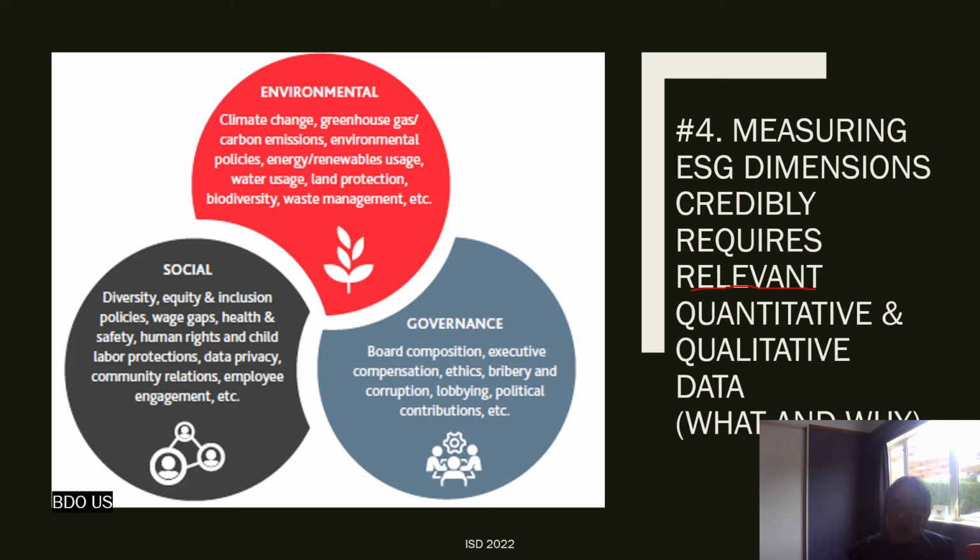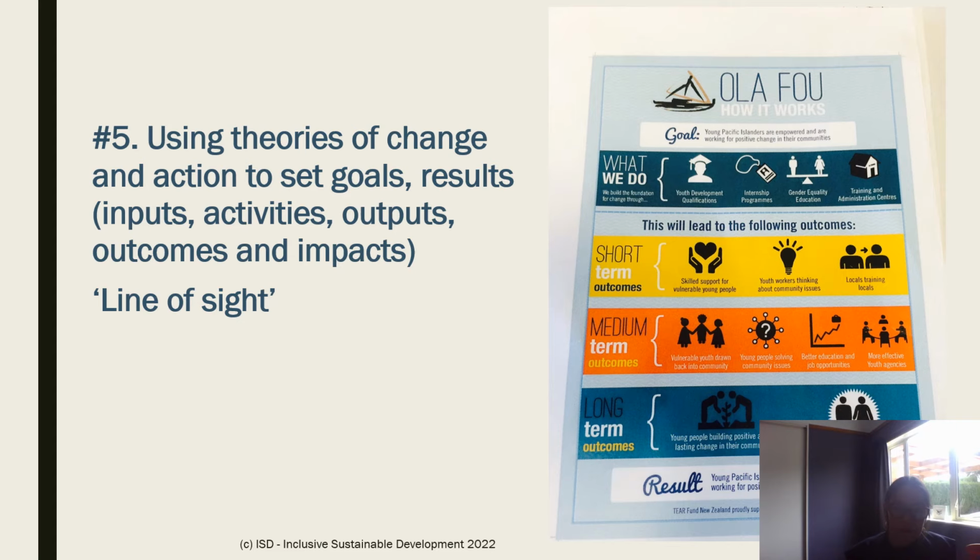And what data is relevant to show the difference it's making. This is what being credible really means. But to do that, you've actually got to know what your goal is of your organisation. What are you working towards?